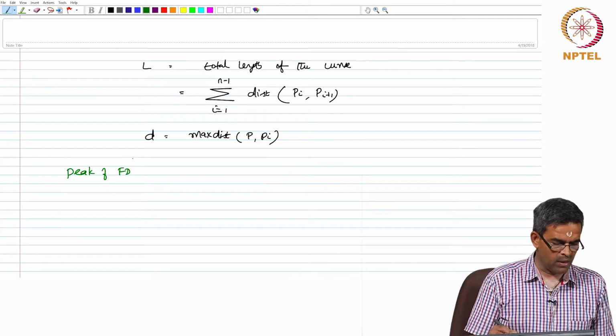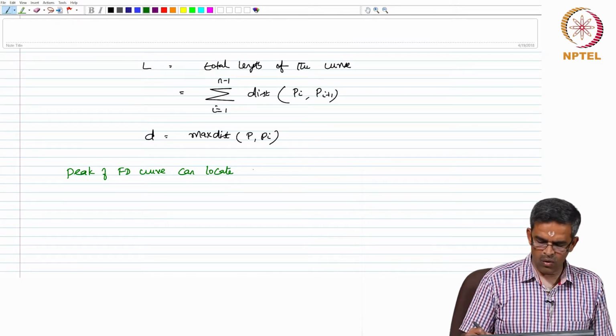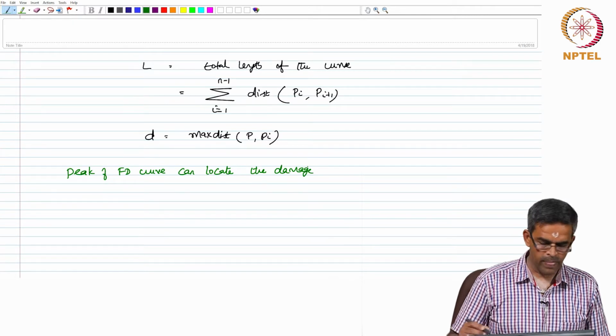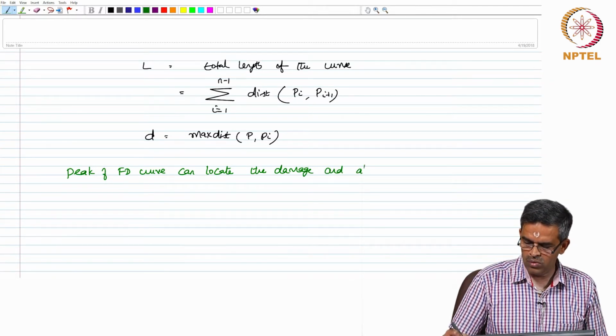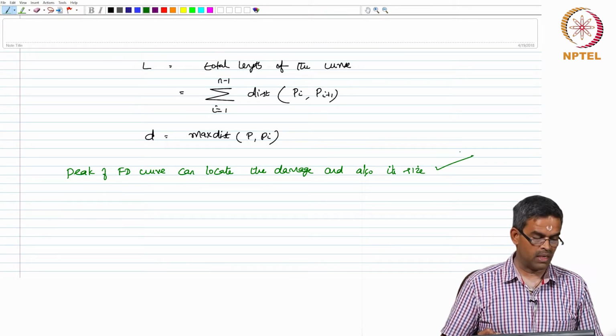Peak of the FD curve can locate the damage and also the size of the damage. That is one main advantage of this method.